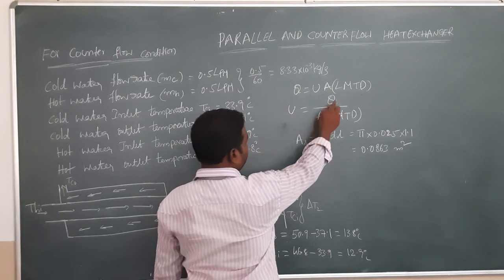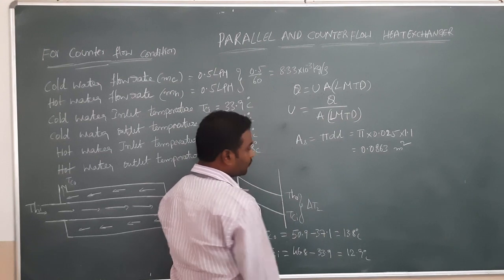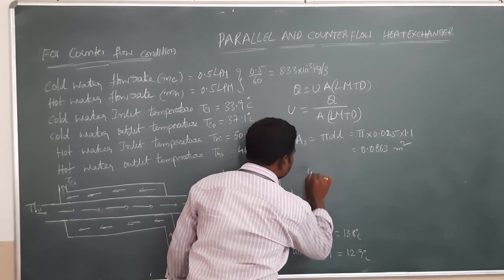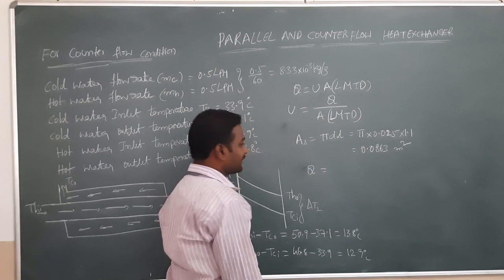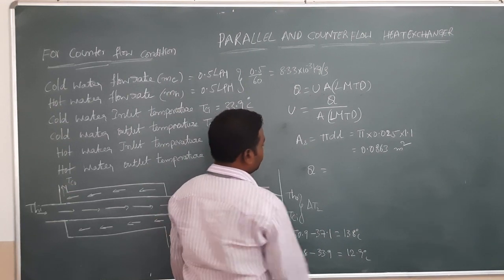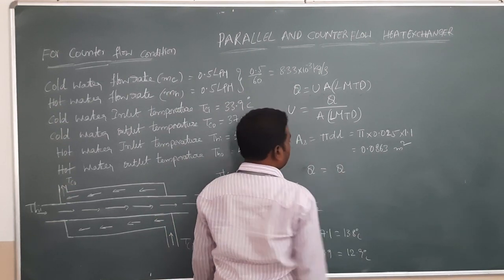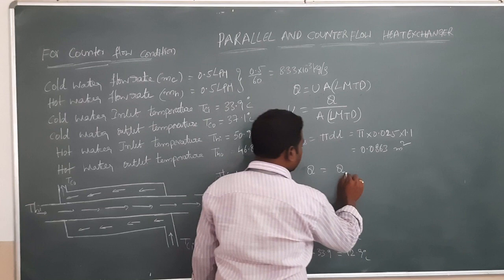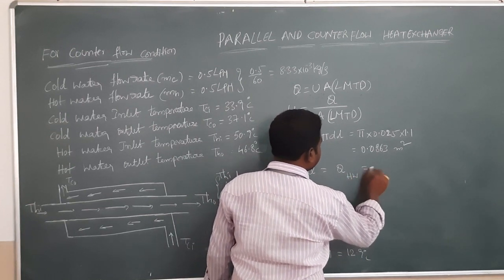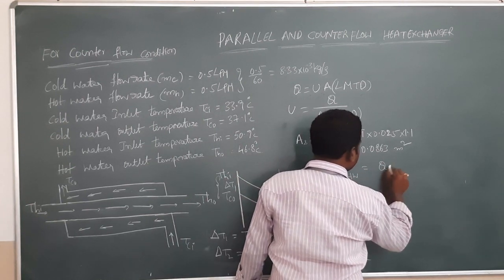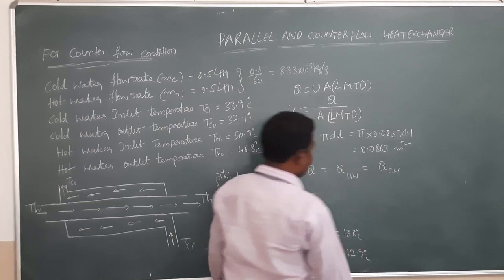Now find out the rate of heat transfer Q. Total rate of heat transfer within the heat exchanger is equal to the heat energy lost by the hot water, which is equal to the heat energy gained by the cold water.